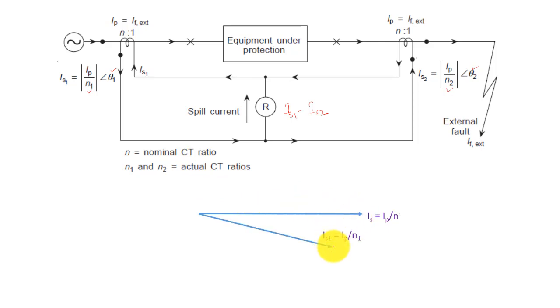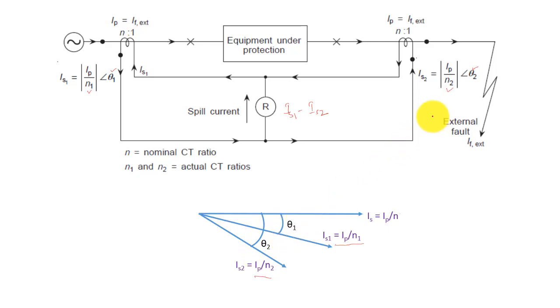Now if we plot IS1, the magnitude of IS1 is IP by N1, but the angle it makes with IS is theta 1, which is shown here, right. Similarly, IS2 has magnitude IP by N2, and it makes an angle of theta 2 with IS. That is the phase angle error of CT2, and this is the phase angle error of CT1, right.